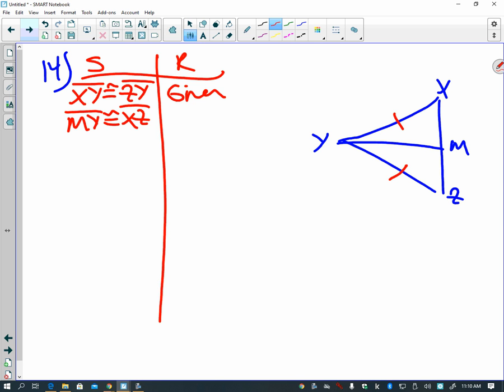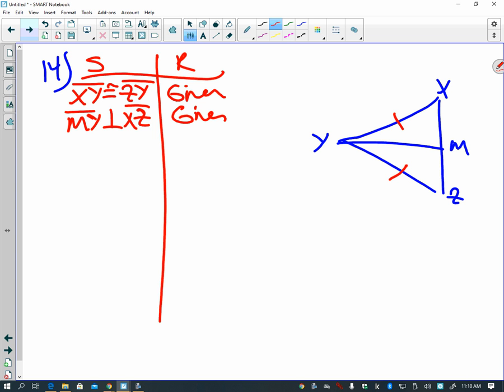Oh, hold on. Not congruent, perpendicular. That's why. MY is perpendicular to XZ. So we have a given here, but I can't draw in yet because I have to actually make a statement on this.